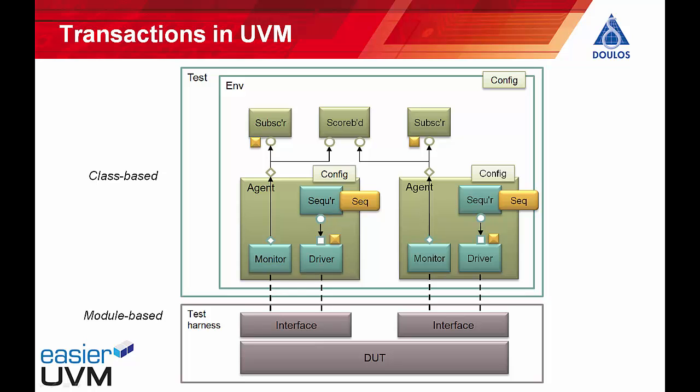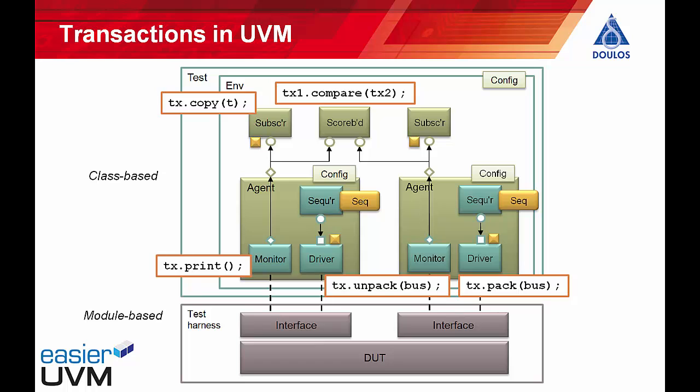So as transactions get passed around the UVM verification environment, you'll sometimes need to call their methods such as copy and compare. And there's various use cases for these methods, so you might call the copy method within a subscriber to take a copy of a transaction for later. The compare method is often used within scoreboards.